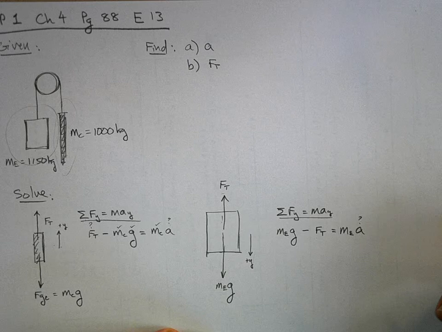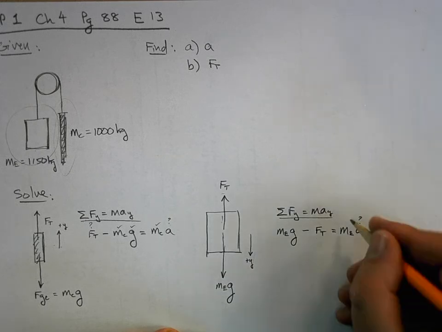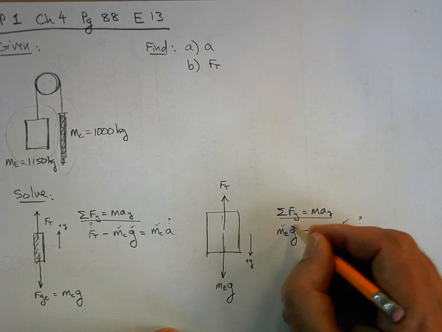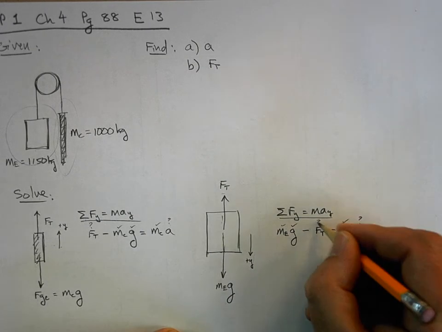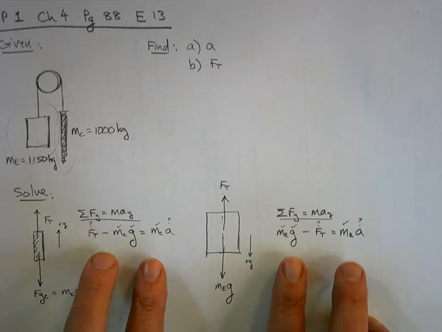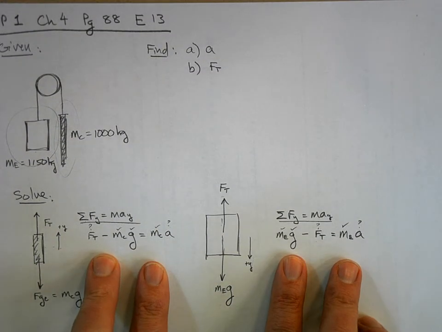I'm trying to solve for the acceleration. I know the mass of the elevator. I know what g is. But look, I don't know what the tension force is. But what do I notice about these 2 equations? 2 equations, the same 2 unknowns. I can solve.